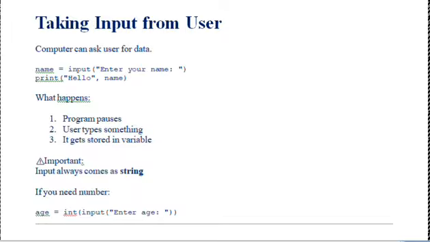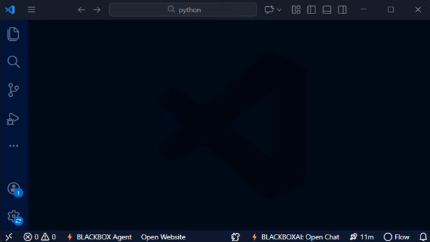Input is always of string type. If we want a number type, we use int around the input. In the input we ask the user to enter the age, and then we can enter the number. Let me see an example before going to the condition topic.